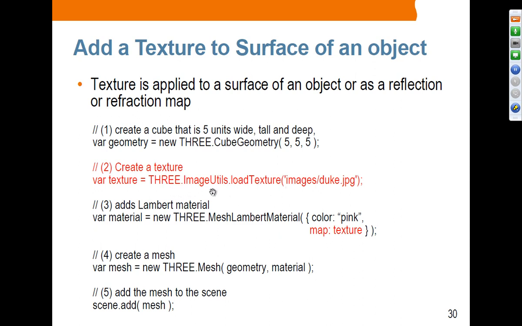We call the image utilities load texture and provide the image file that we are going to use as a tattooed material. Then when we create a material object, we add a color as well as this texture, on task number 3. That is the way that we can add texture.